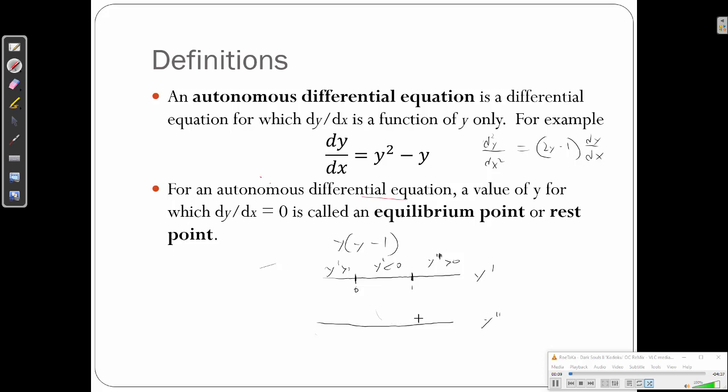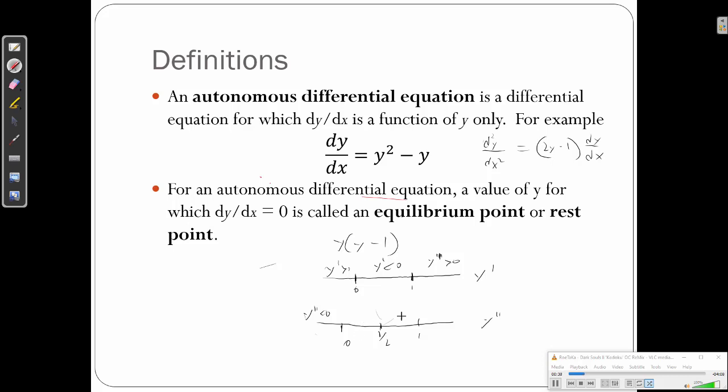So we have 1, 0, and we also have 1/2. If you look at negative numbers, y prime is greater than 0. This would be negative, so the second derivative would be less than 0.